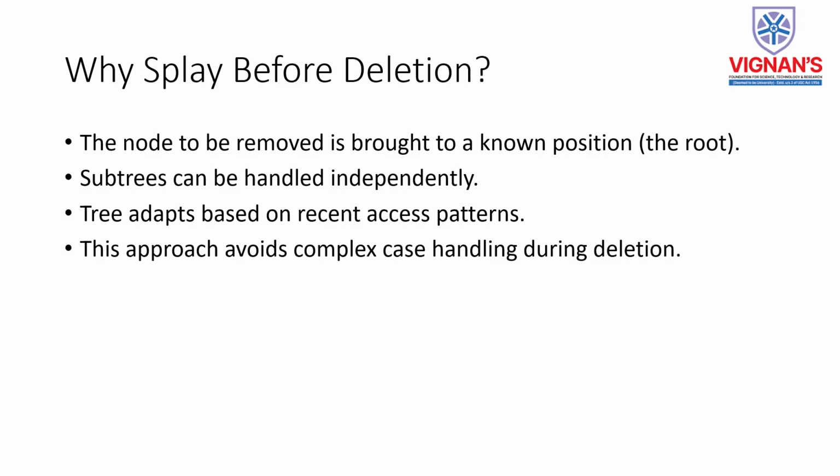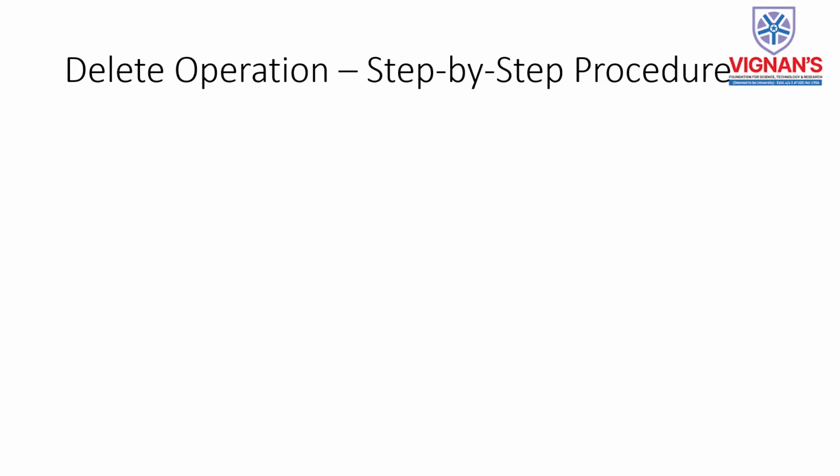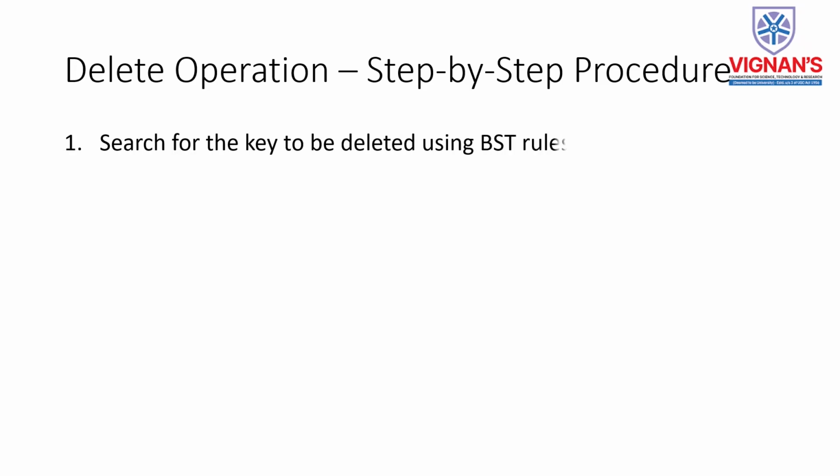Here is the step-by-step procedure for delete operation. Firstly, search for the key to be deleted using BST rules. The delete operation begins by searching the key using standard binary search tree traversal. Splay the searched node to the root. After the key is found, the node is splayed to the root.